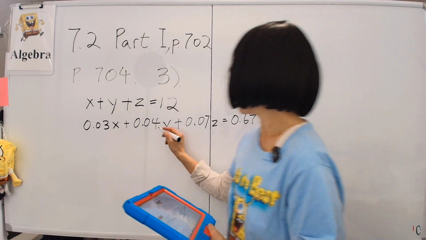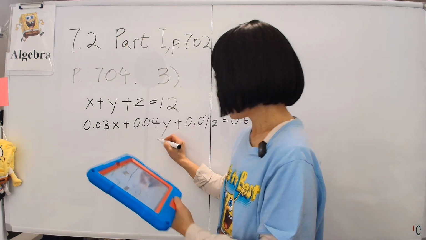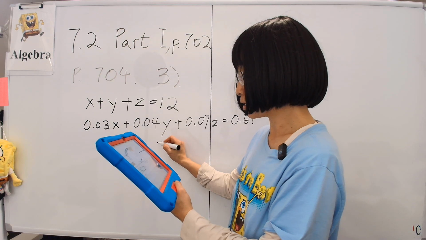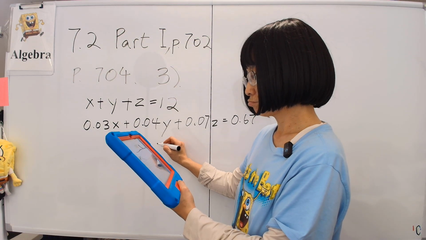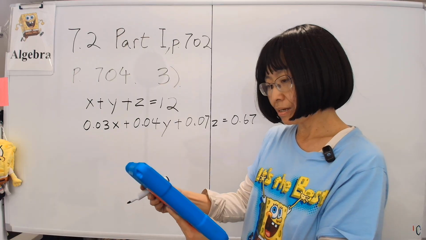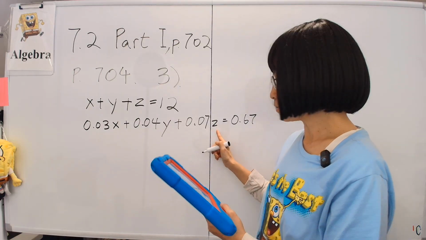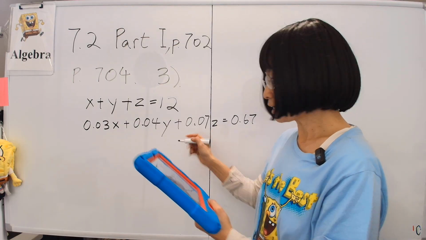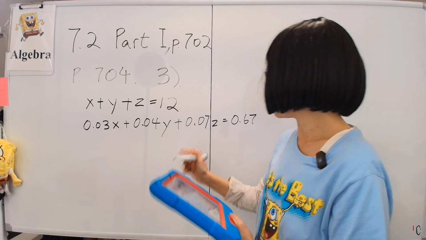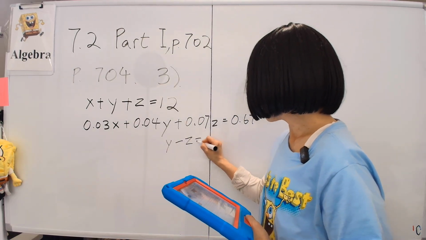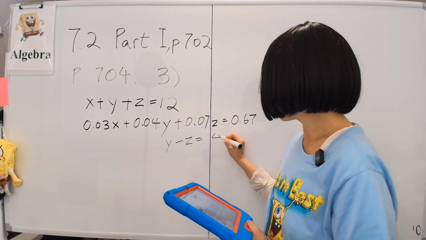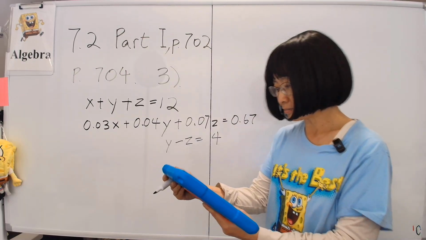Z is mutual funds, and Y and Z are related. Y is bigger than Z. Y minus Z is equal to 4,000. We'll write down 4.